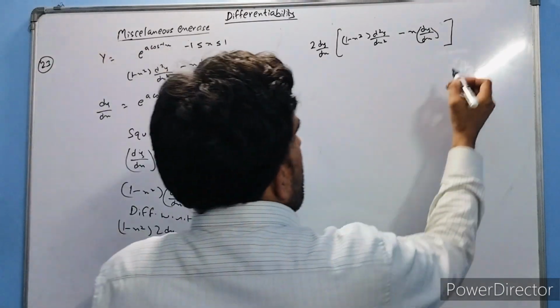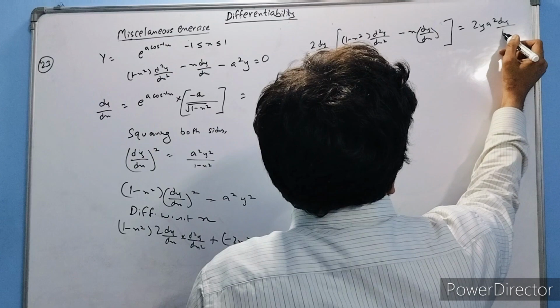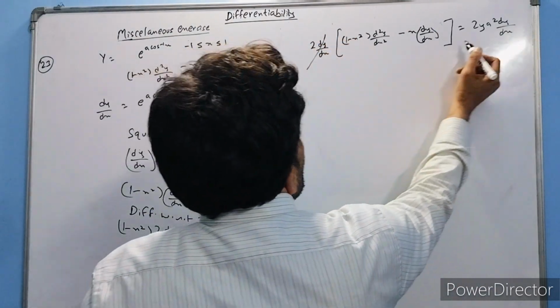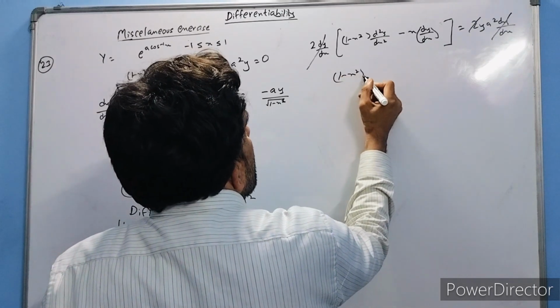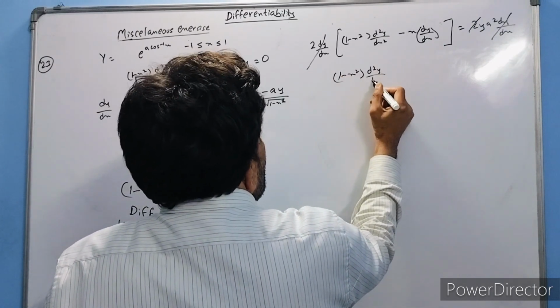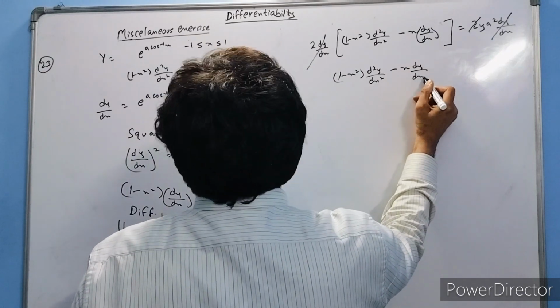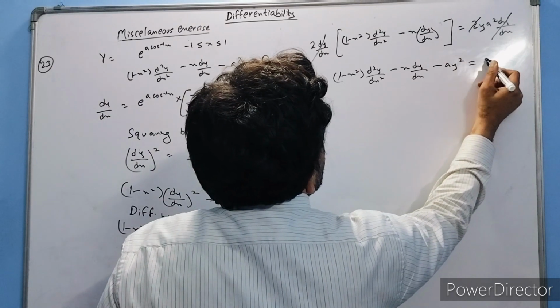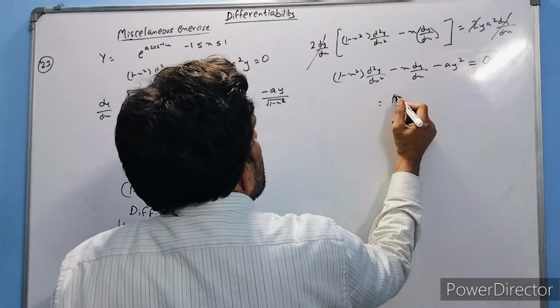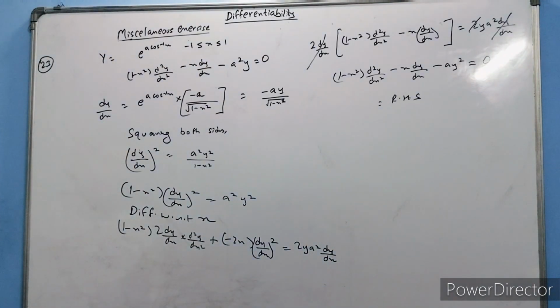So here I have a² y on the right side. So I reduce this: (1 − x²) d2y by dx² − x dy upon dx − a²y = 0, that is equal to the RHS. Okay, so what they have asked, we have proved.